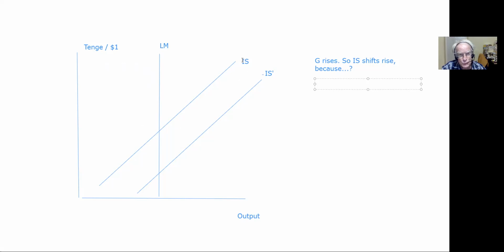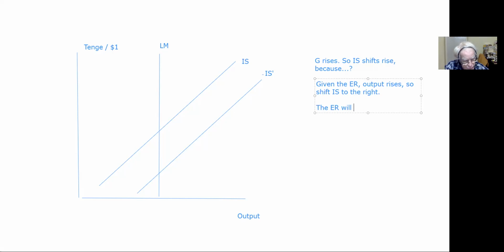So we have to have a shift to the right in the IS curve because we have more output for any exchange rate than we had before. Okay, and what happens now? The exchange rate decreases.